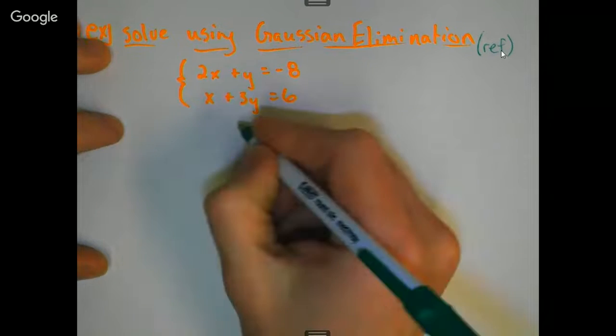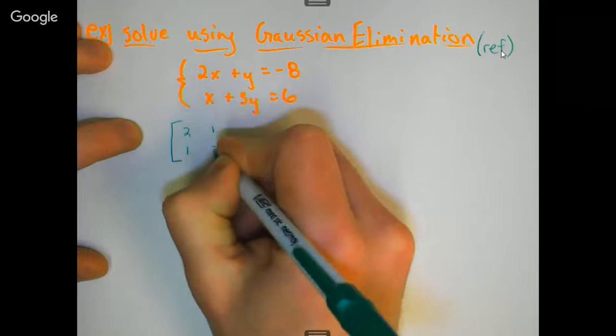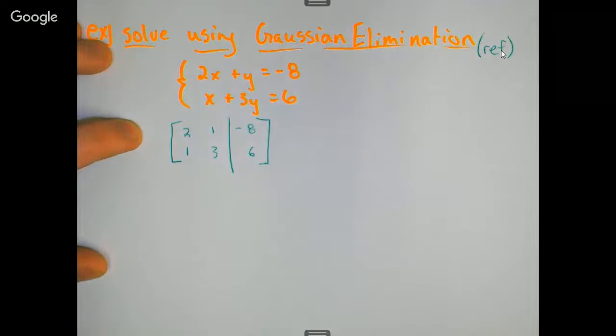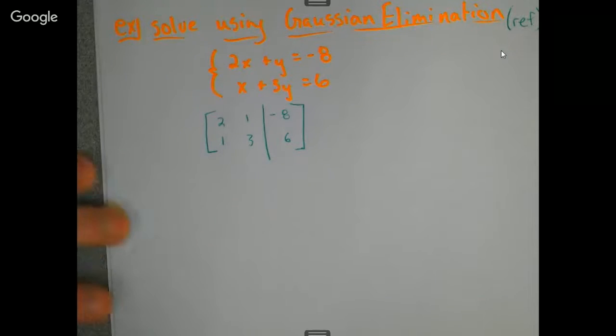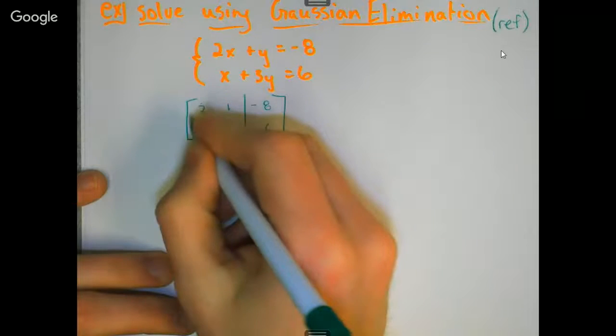Okay, so the first thing I'm going to do is write as an augmented matrix. Now once I have an augmented matrix, I'm going to want to use row operations to get it into REF form. So I want a 1 up here in this spot.